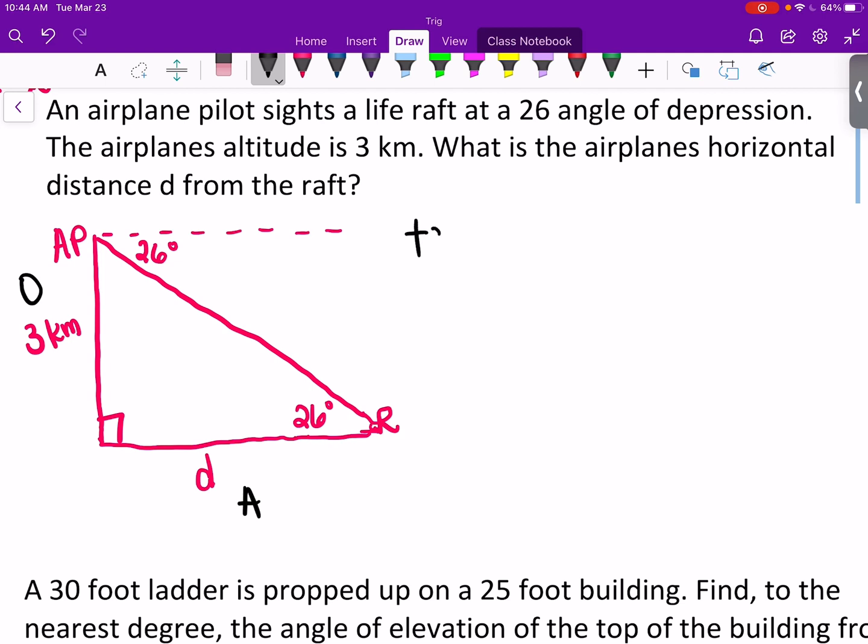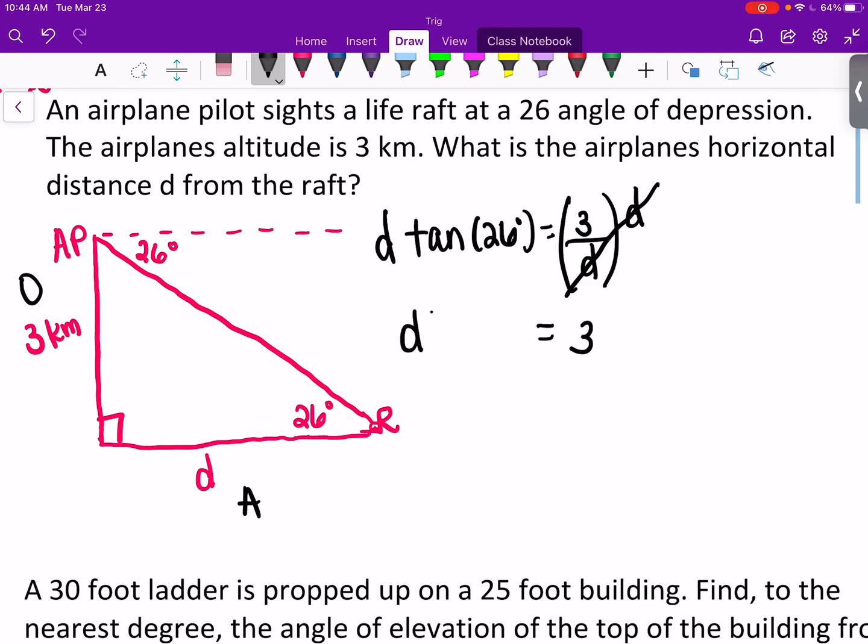So the tangent, which is equal to opposite over adjacent, of 26 degrees would be 3 over our distance D. Since D is in the denominator, I need to multiply by D on both sides of my equation so that these D's cancel. And I have D times tangent of 26 degrees equals 3.